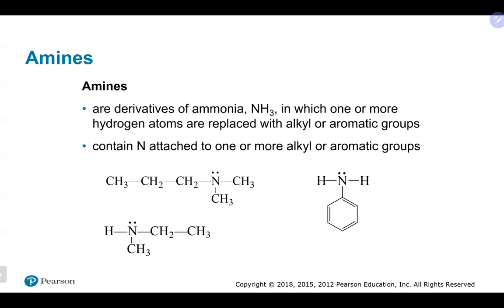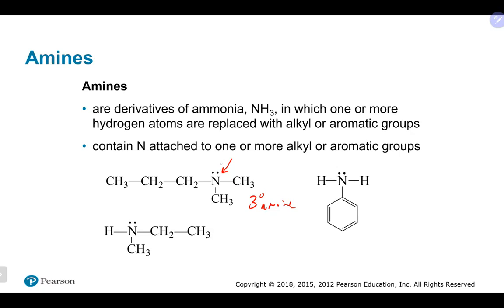Here we do have groups that are actually attached to the nitrogen. And that's a little bit different than what we have sometimes attached to a carbon. So this is an amine here. We have our nitrogen. This is what is referred to as a tertiary amine. So you could actually classify amines, as we will see, just like alcohols and carbons.